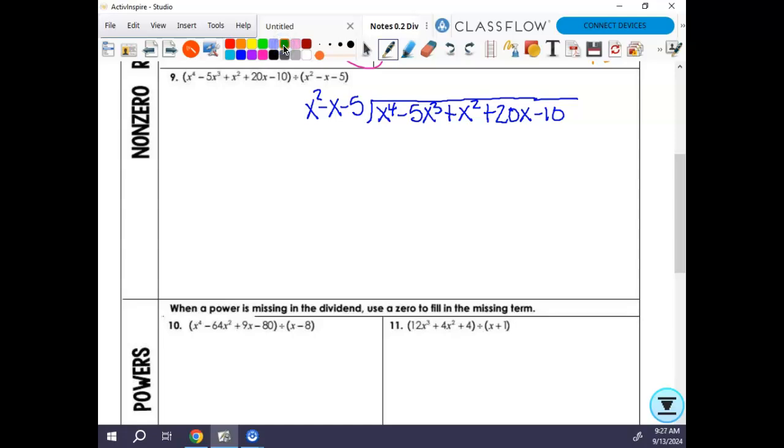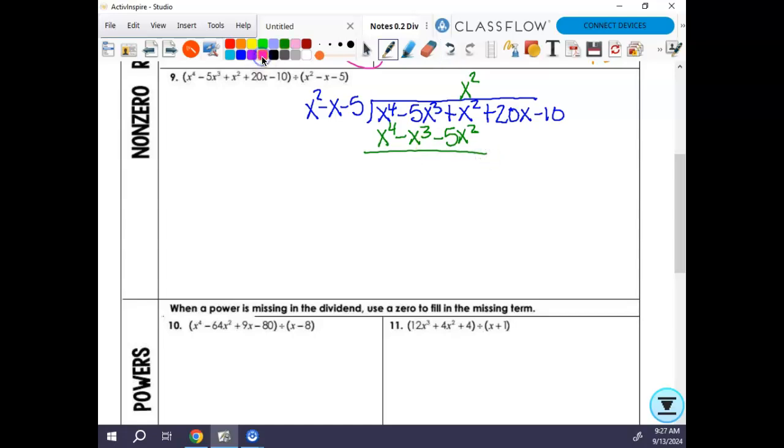So x to the 4th divided by x squared gives me what? X squared. So I have to put it above the x squared term. Make sure stuff is lined up. X squared times x squared, x to the 4th, then minus x squared, nope, minus x cubed. Oh, x squared times x is x cubed, minus 5x squared.